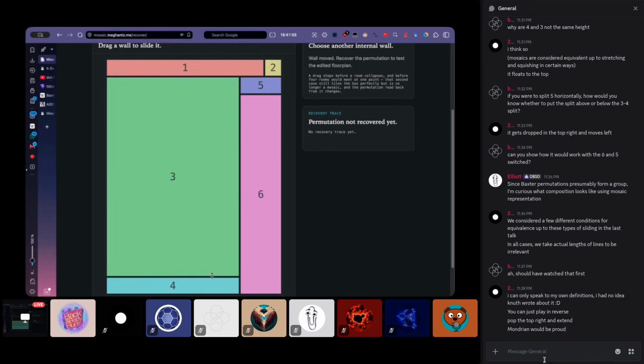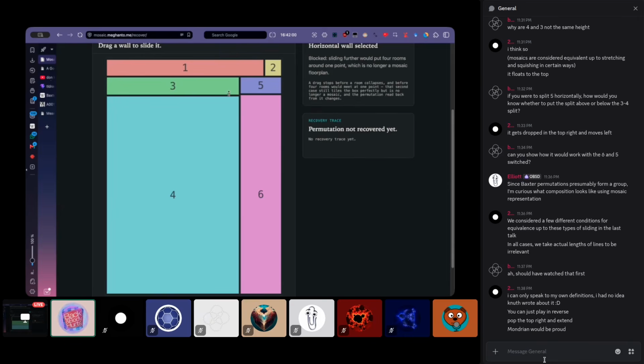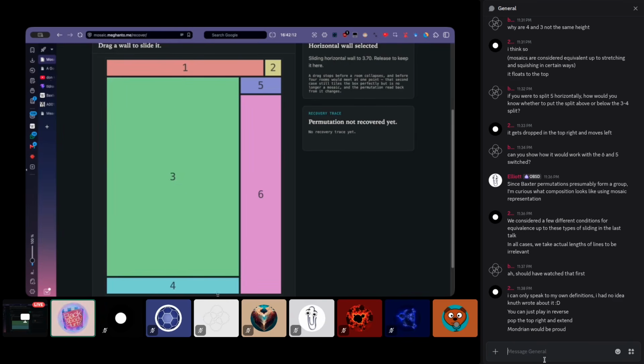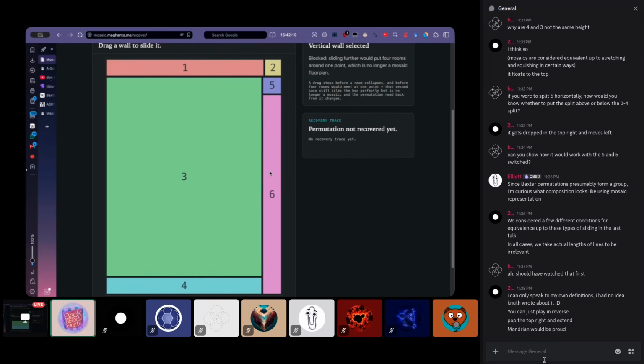We can do everything, but we can't cross this particular line, because sliding further would put 4 rooms around one point, which is no longer a mosaic floor plan. Yeah, Mondrian would be proud, wouldn't he? I love Mondrian, and I love abstract and surrealist art.